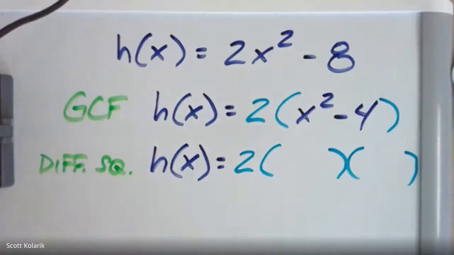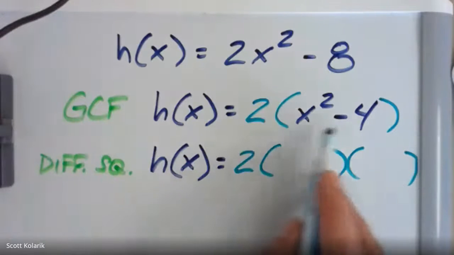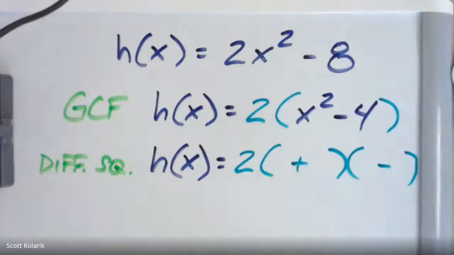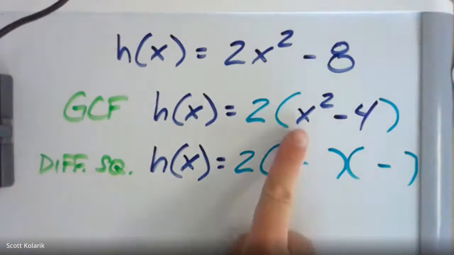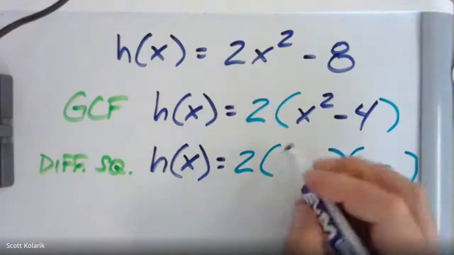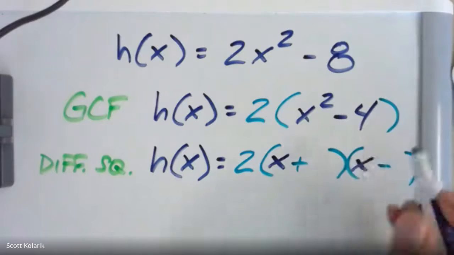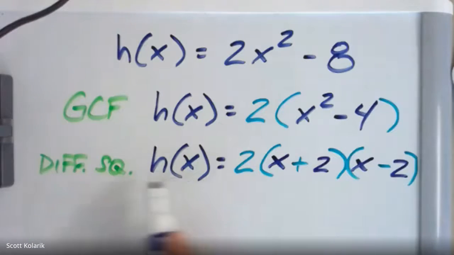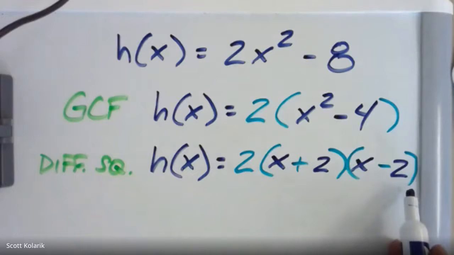The process we learned here was that anytime I have a difference of squares, I'm going to end up with this sum and difference combination, where I take the square root of this first term. The square root of x squared is just x, and the square root of 4 is 2. So here is my fully factored version.